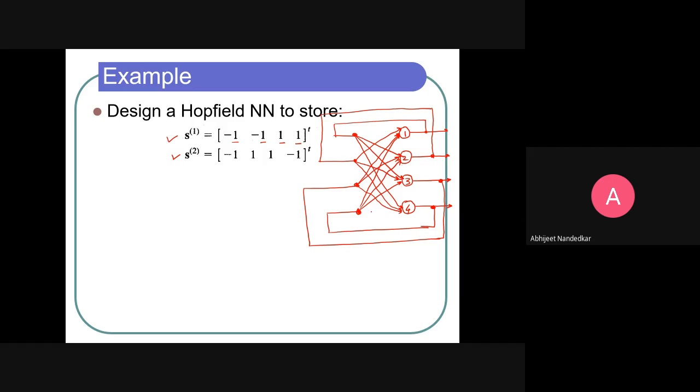So this will be my circuit. Okay. Now the thing is I want W here so that this will work. Now how to do that?